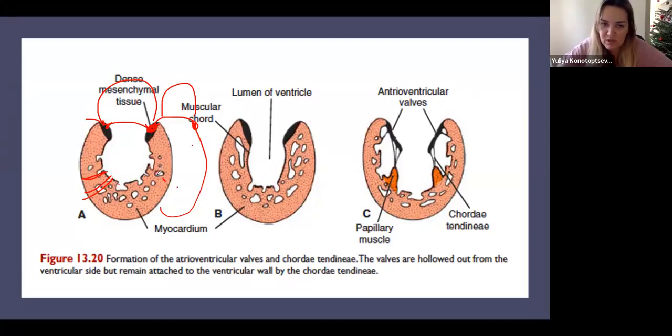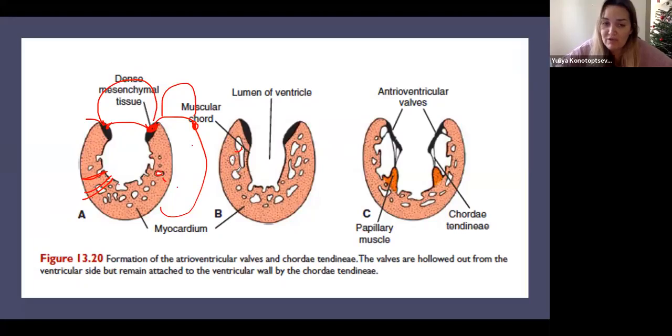Do you see? There are some white holes present here and they become bigger and bigger. So basically, the idea is that in the muscular wall of your ventricles, apoptosis begins. Why does this apoptosis begin? Because it's too thick. If it is too thick, it contracts with much force, thus creating super high blood pressure. So apoptosis begins.